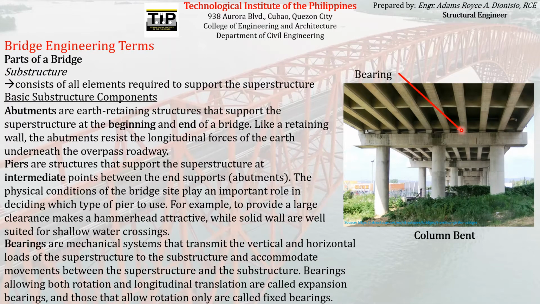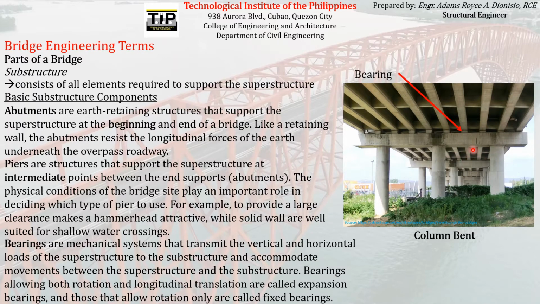Bearings are usually placed on the interface of the girder support or the primary member and the supporting substructure, with the purpose of transmitting the vertical and horizontal loads from the superstructure to the supporting substructure.